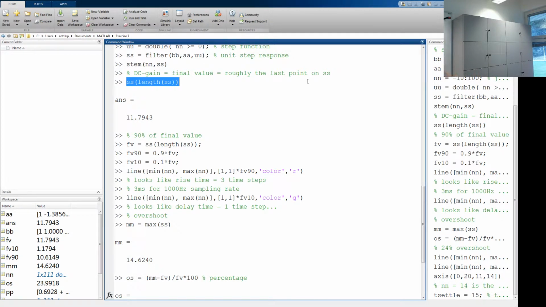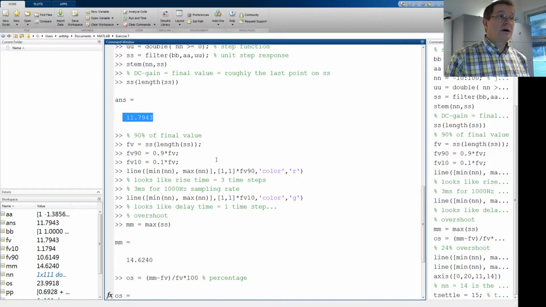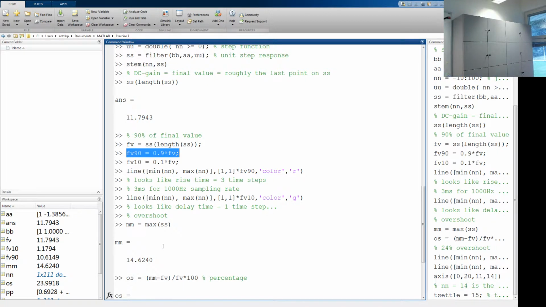Well, this is not science, this is engineering. Then you can eyeball that value. Eyeballing this value does not affect that much the 90% rise time. It doesn't matter if it's 90% or 90.1%. It's a discrete time system, so it still is the next value where the signal has risen that 90%.